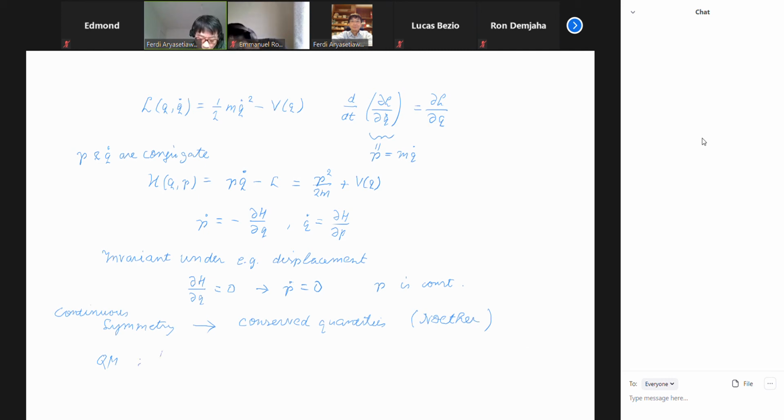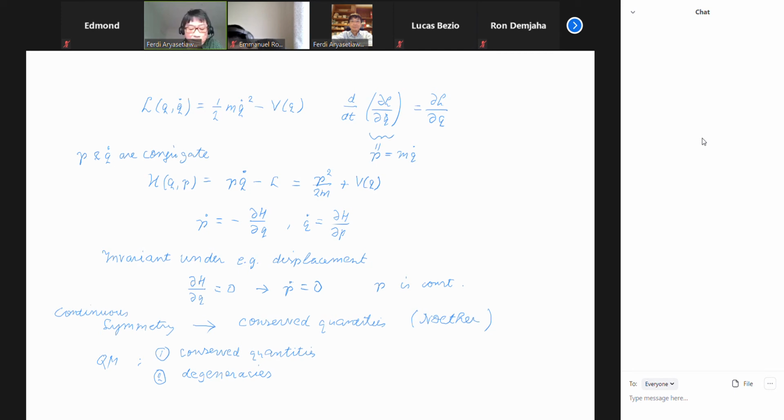It often implies degeneracies, not always, but often. Symmetry often implies degeneracies. Okay, so these are just some general things.